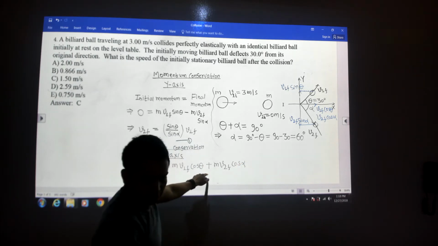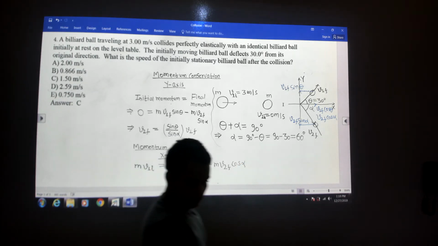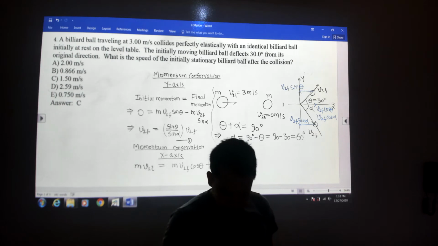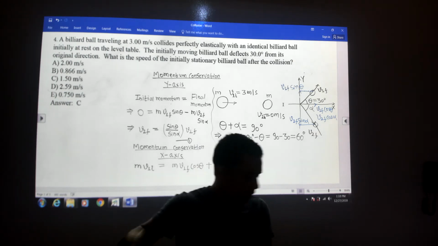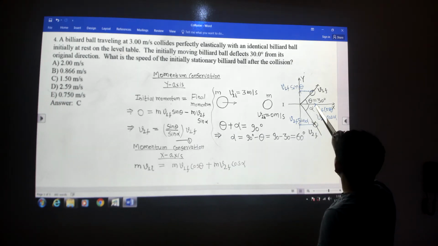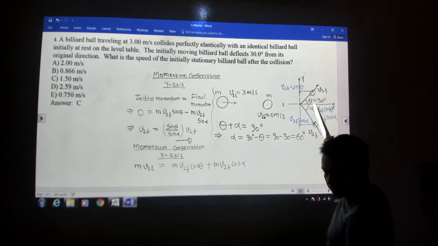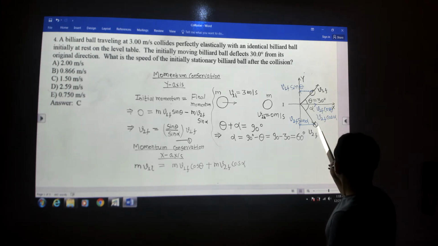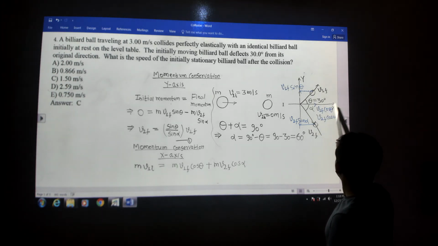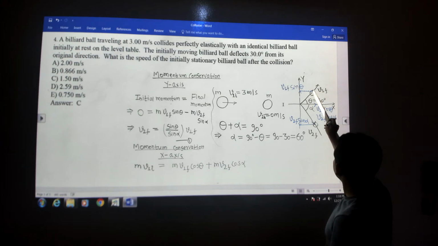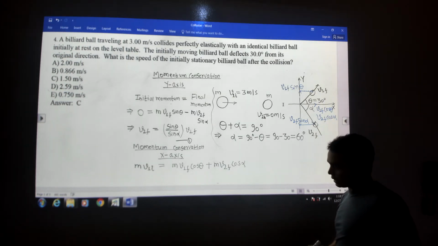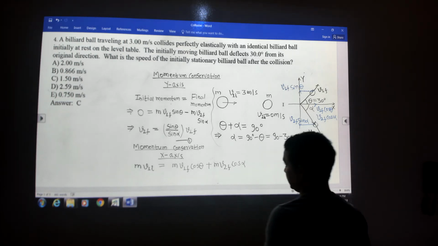I'm using the positive sign here because both x components are along the positive x-axis, so they just add together.